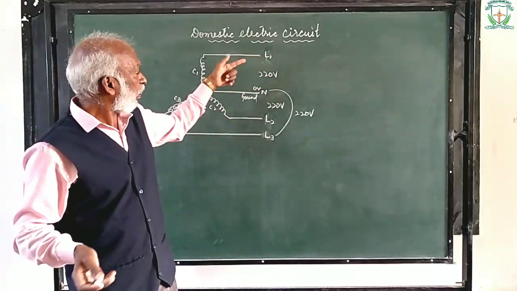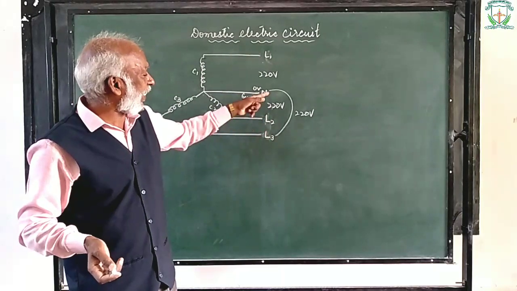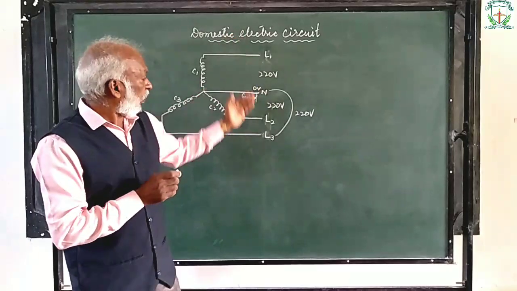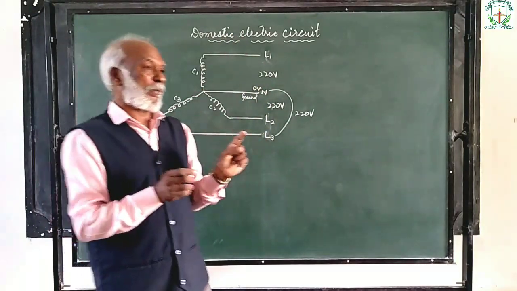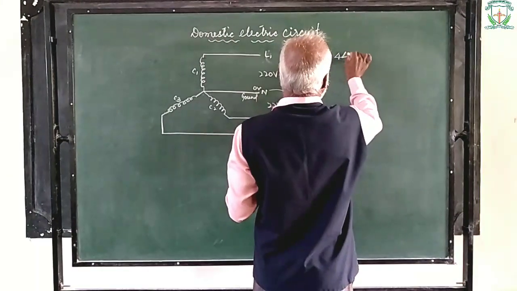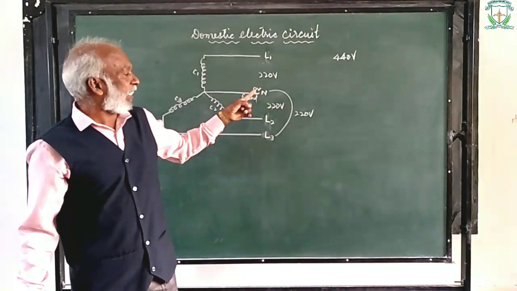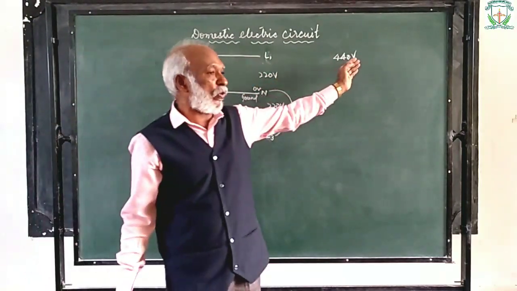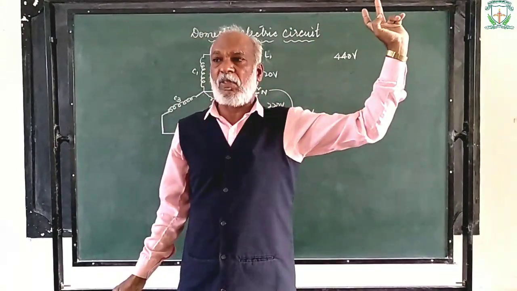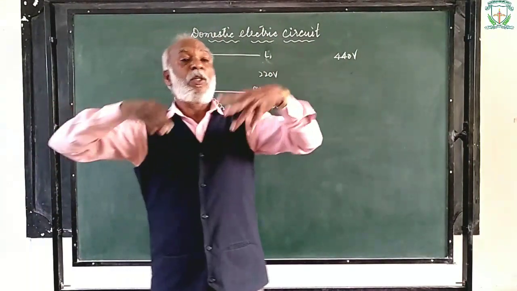For industries, the 3 phases L1, L2, L3 and neutral, all the 4 wires are used. That means the wires are coupled in such a way that the potential difference becomes 440 volts. The potential difference between neutral and the three phase becomes 440 volts for industrial purposes, to run huge machines.